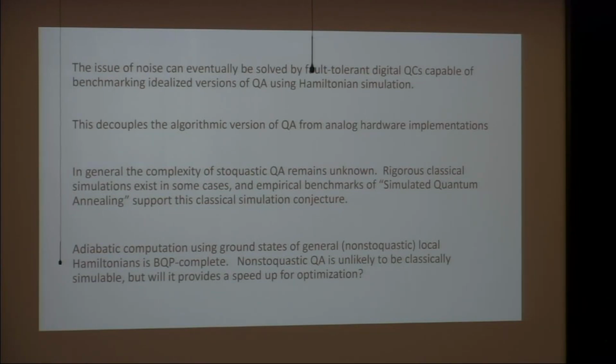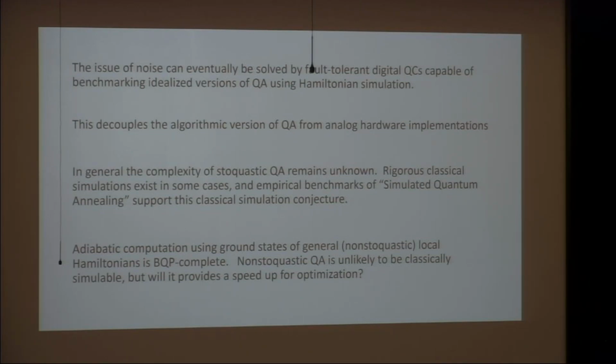So once we have this, it sort of decouples the algorithmic idea of quantum annealing from any particular analog hardware implementation. So in the far future, we will at least be able to properly test this algorithmic idea. So in this talk, I'm going to focus not on the noise issue, but on the complexity issue, this idea of stoquastic Hamiltonians.